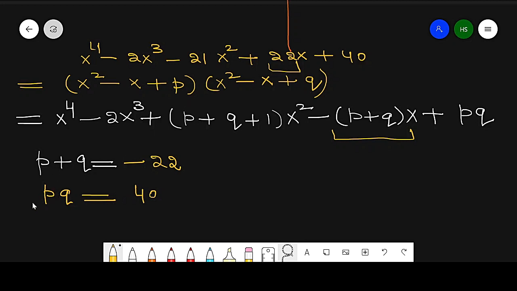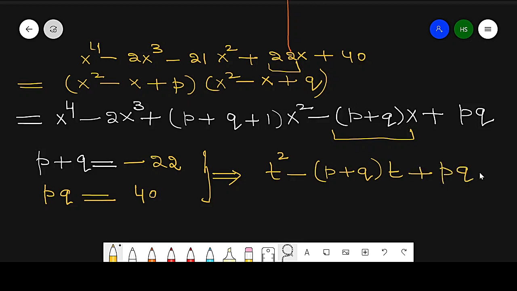If the sum and product are given, the equation will become the quadratic equation in T: T square minus p plus q into T plus product pq equal to 0. So this will become t square plus 22t plus 40 equal to 0.